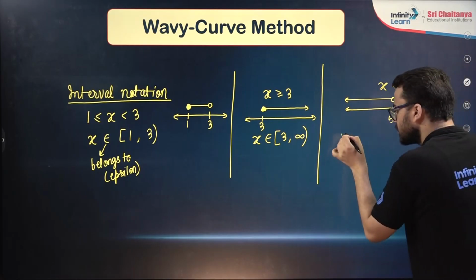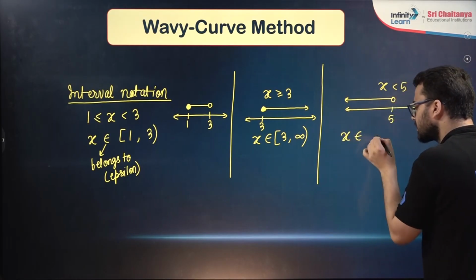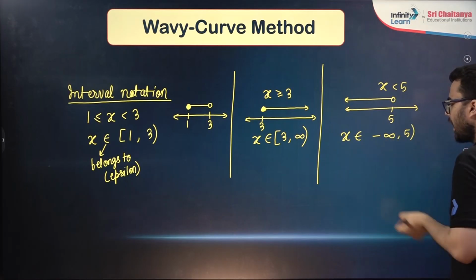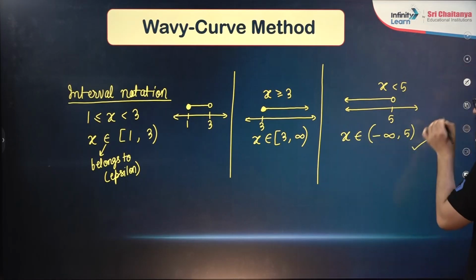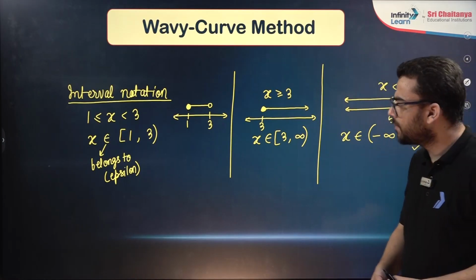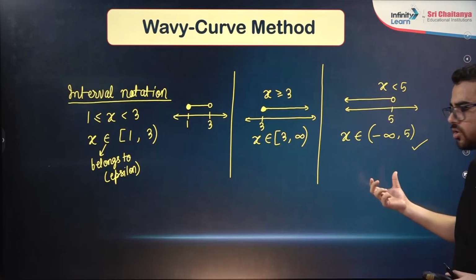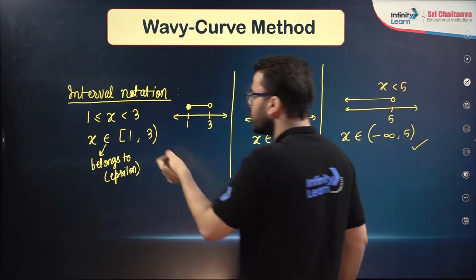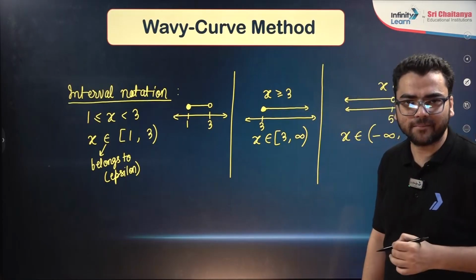So the values are starting from minus infinity till 5, which is not included, and infinity can never be included. So this is the complete presentation of the same thing. I hope you understand interval notation, which is very important because then only inequalities can be done.